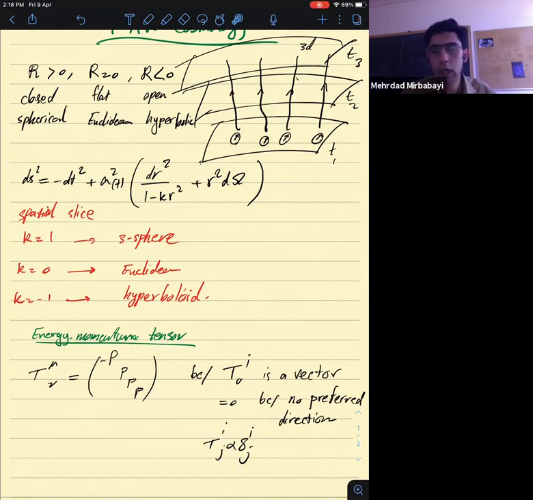The statement is that under the assumption of homogeneity and isotropy, the energy momentum tensor will have the form of the energy momentum of a perfect fluid. Even if the matter fields are providing T mu nu and it is not actually a perfect fluid, under these symmetries they look the same as the perfect fluid.